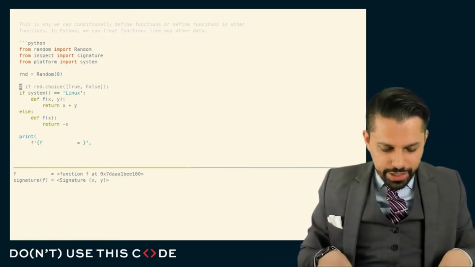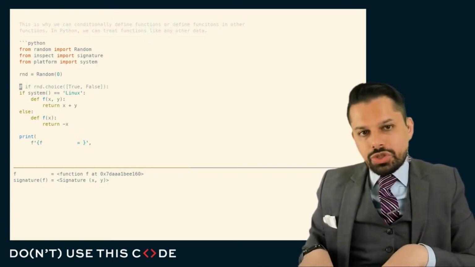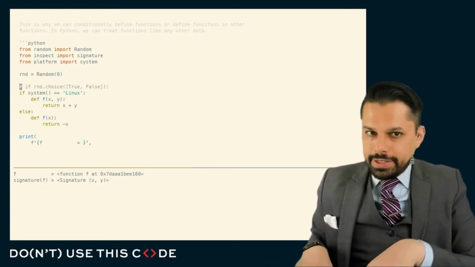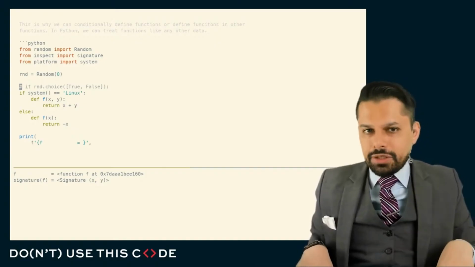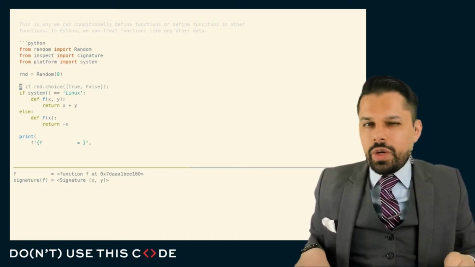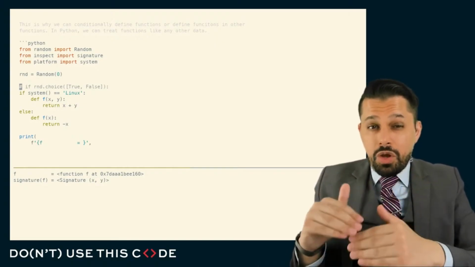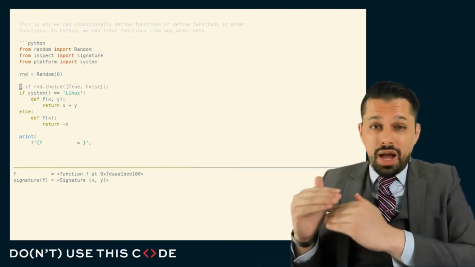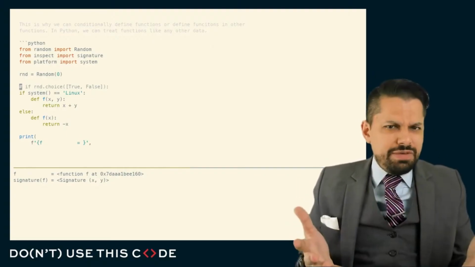Well, think about this. If the program starts on Linux, it's likely that 2 seconds into its runtime, it's still on Linux. I'm not sure I know of any ways to migrate a running program from one operating system to another without terminating it. I don't think that's even possible.